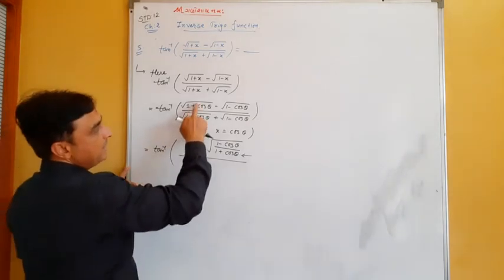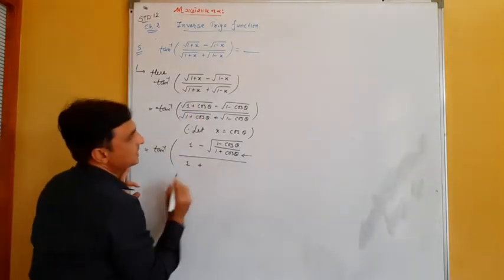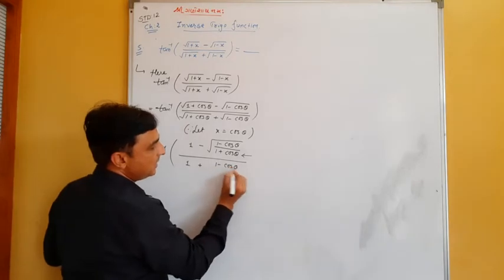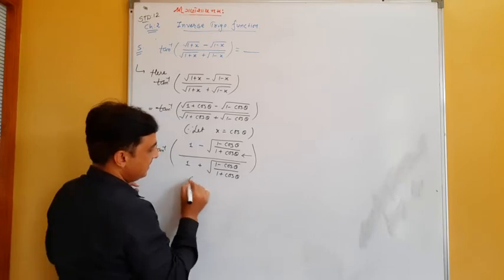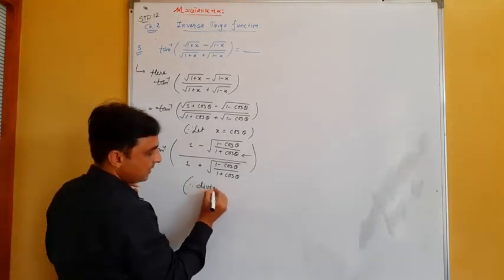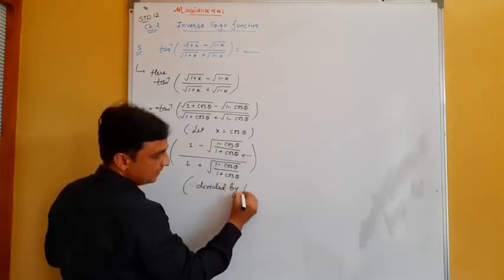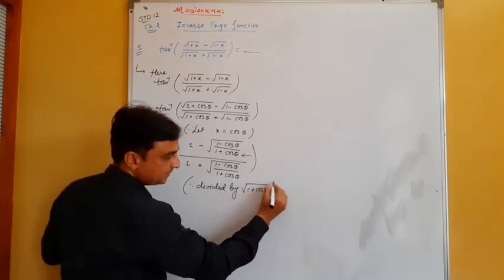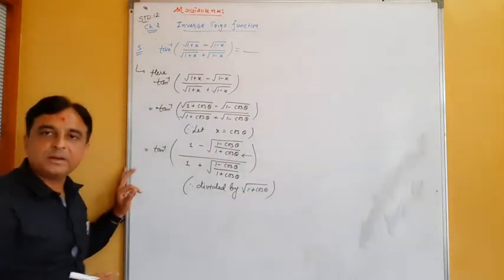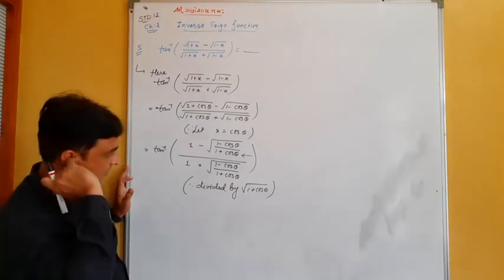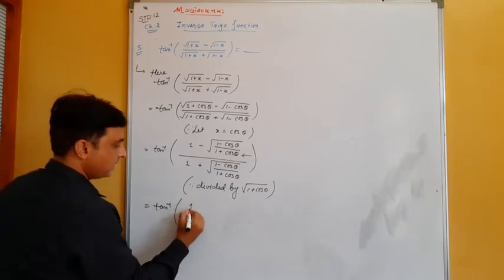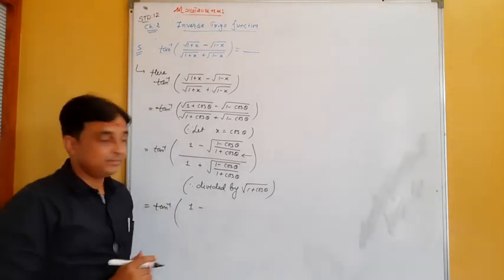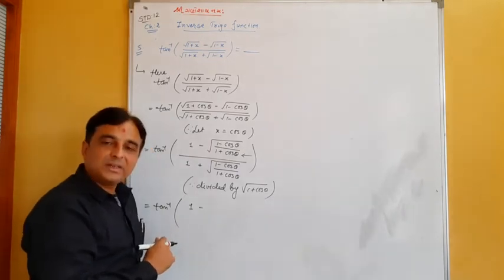So it will be 1 in the denominator also, plus √((1 - cos θ)/(1 + cos θ)). Now see, are you getting any point from this? (1 - cos θ)/(1 + cos θ): what is the formula for that?